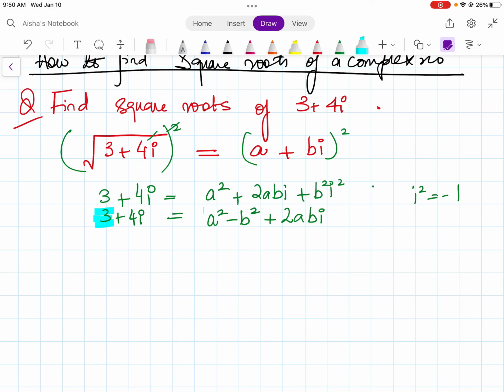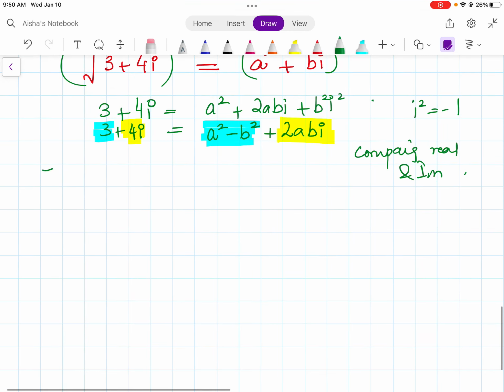Real is equal to the real part. Imaginary is equal to the imaginary part. I'm comparing real and imaginary. Meaning 3 is equal to a square minus b square. 4 is equal to 2ab. So a becomes 2 upon b.